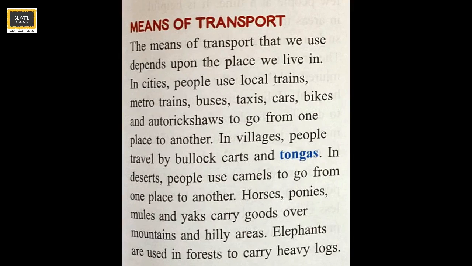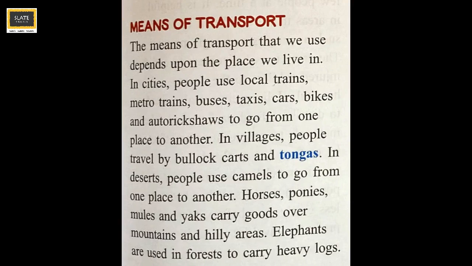In cities, people use local trains, metro trains, buses, taxis, cars, bikes and auto rickshaws to go from one place to another. In villages, people travel by bullock carts and tongas.